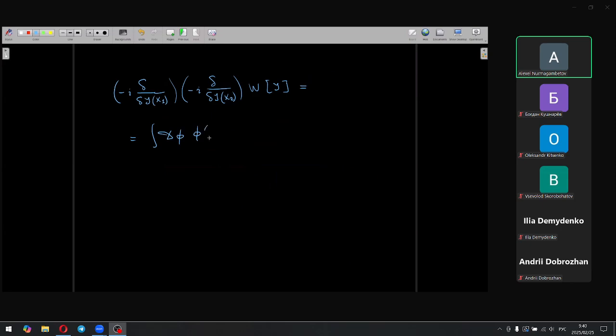Here we get phi at point x1 on phi at point x2 on exponent of I integral over four-dimensional space-time of the Lagrangian density plus J of x on phi of x. And this path integral of this kind is one of the expressions which enters the definition of the two-point correlation function.